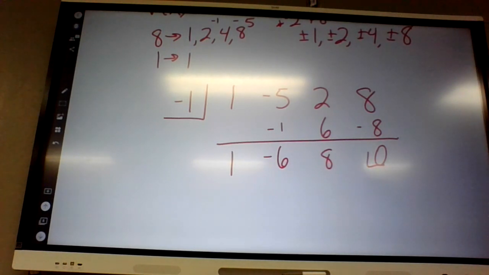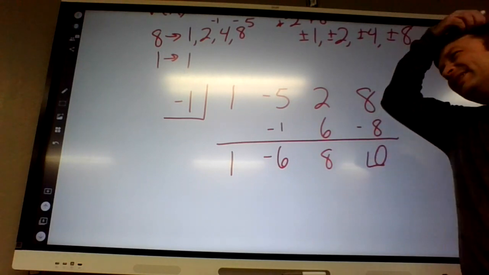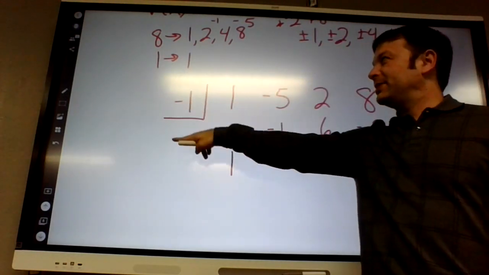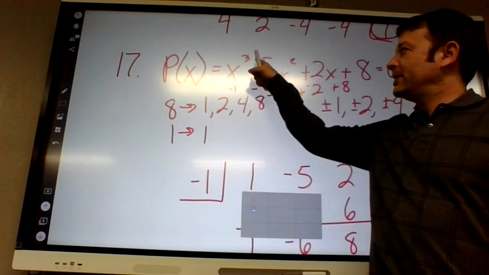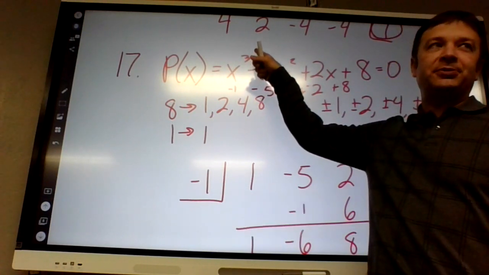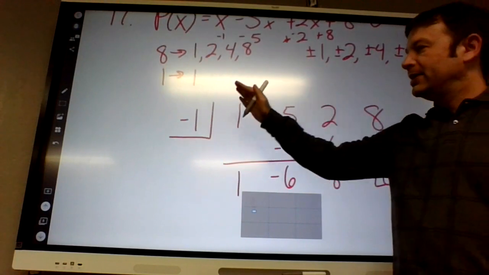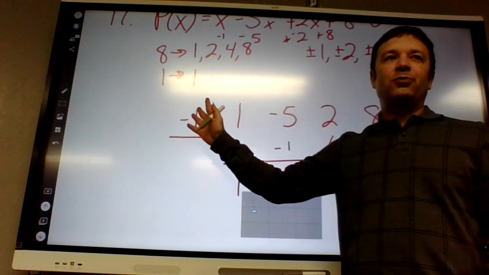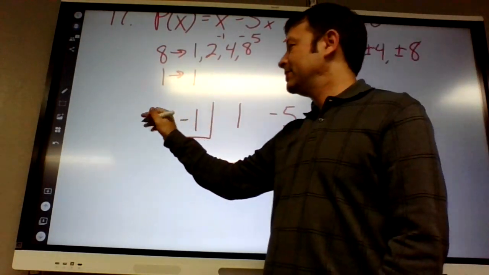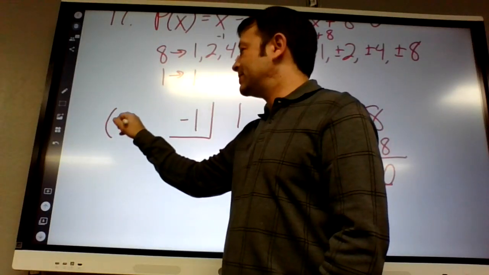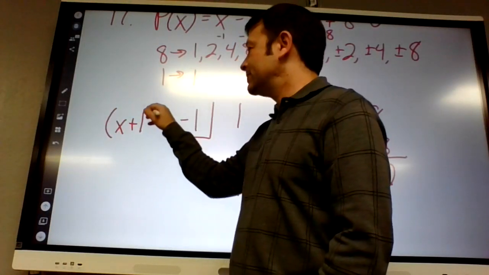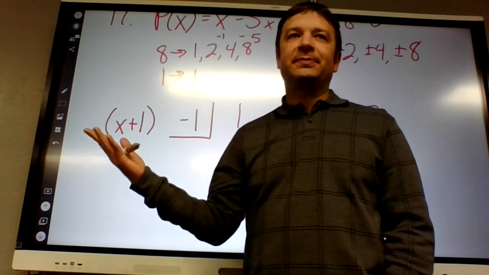Alright, what are we doing? Okay. So, negative 1 is an answer. I don't know if you guys remember, but I said x cubed should have 3 answers normally. So there's 2 more answers we gotta find. If negative 1 is an answer, that also means that x plus 1 is a factor.